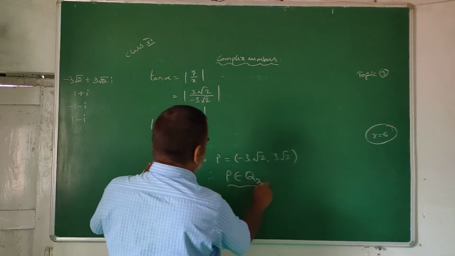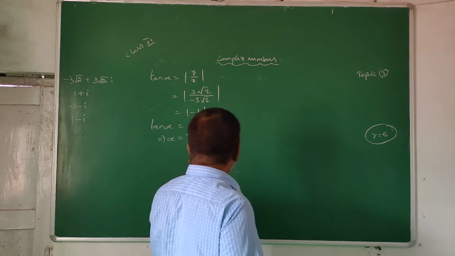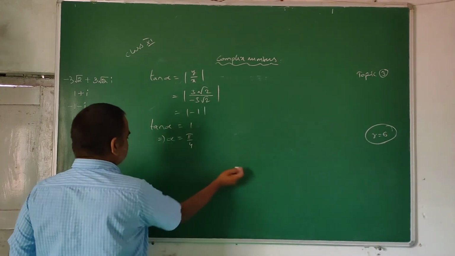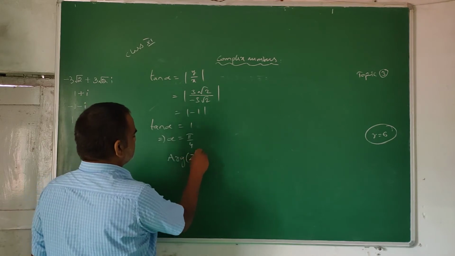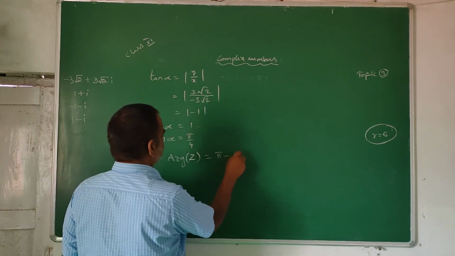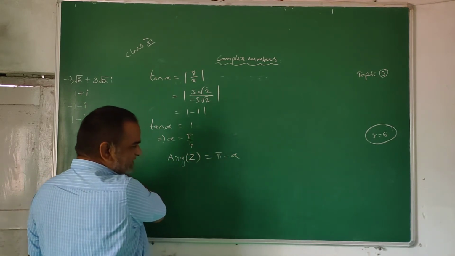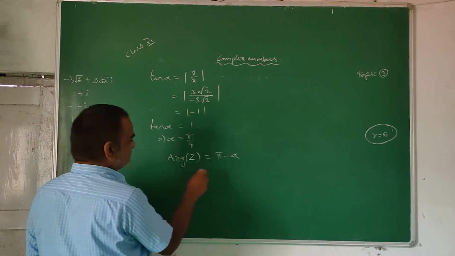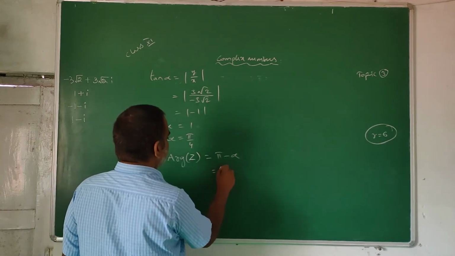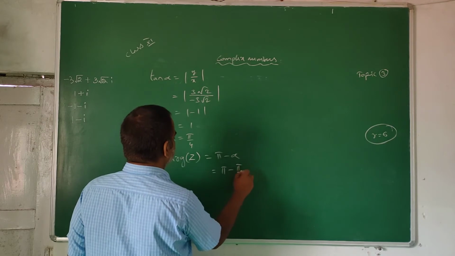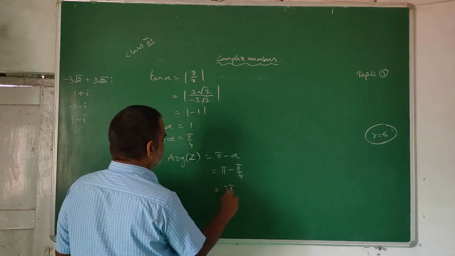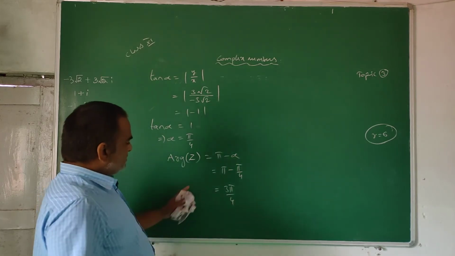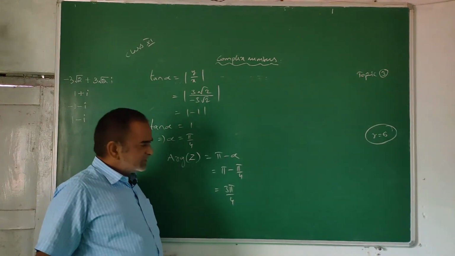Now as P belongs to Q2, as discussed in the previous class, the argument of z is pi minus alpha. So this is equal to pi minus pi by 4, which is 4 pi minus pi over 4, 3 pi by 4. So the argument of z is 3 pi by 4.